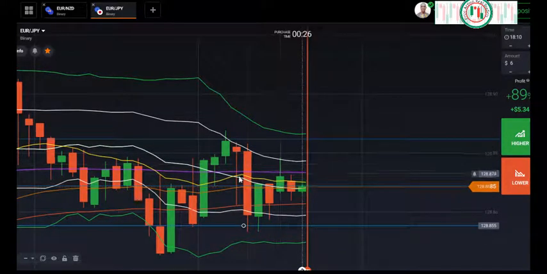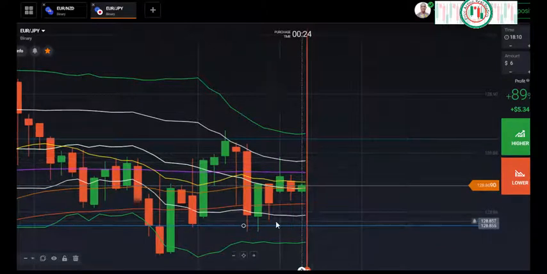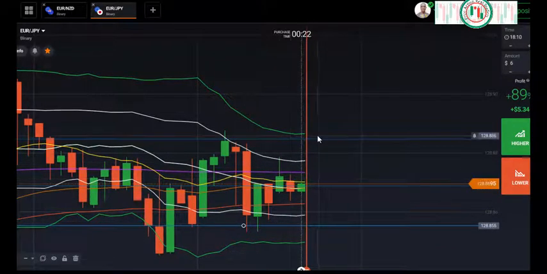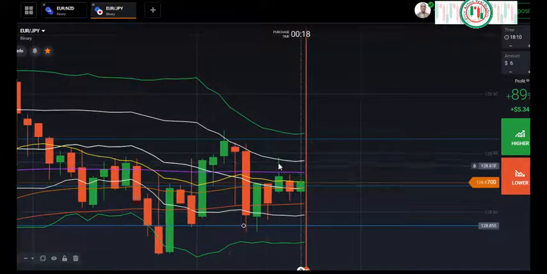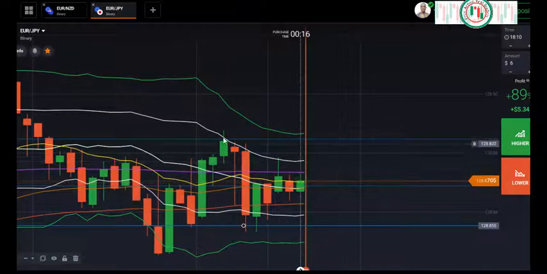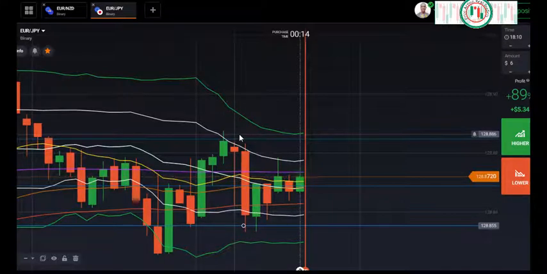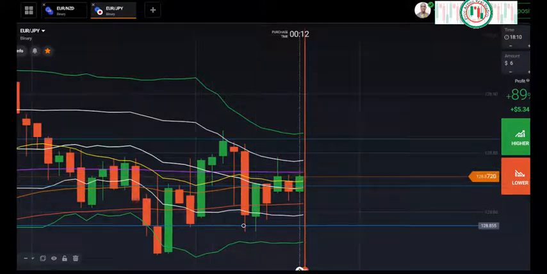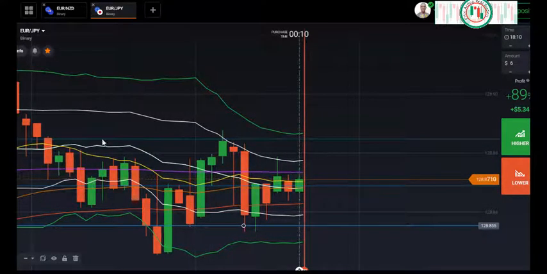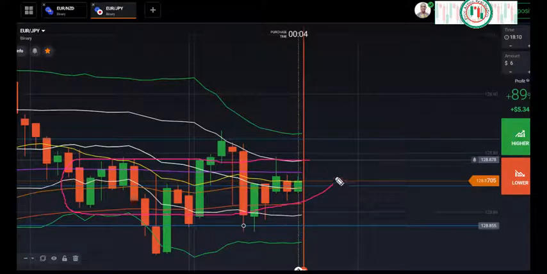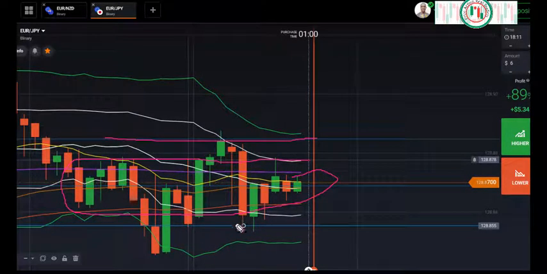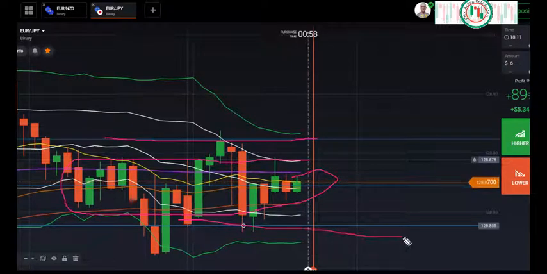So in such a market you have to be patient, you have to be waiting, because this market is not good. So you cannot trade in this area. From here you cannot trade, the whole area here you cannot trade. You can only trade this area or this area.